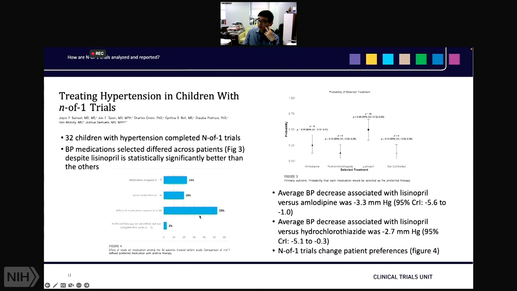So it just showed that N-of-1 trials change patients' perspective and in some way add information to the treatment decision that patients make. So this is typically how N-of-1 trials are reported: the distribution of drugs selected, and whether the trial changed the opinion of the medications.